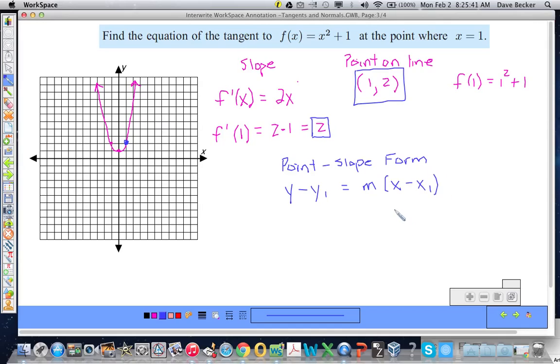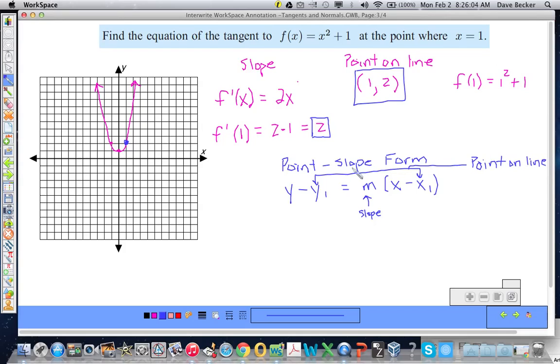Remember, m is your slope, and then x1 and y1, these guys are the coordinates of the point we found that's on the line.